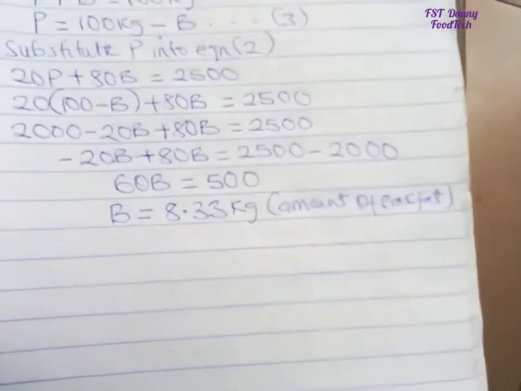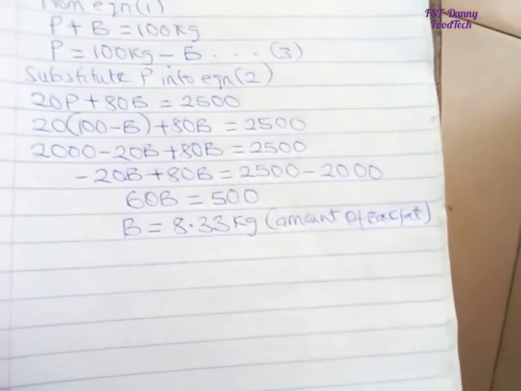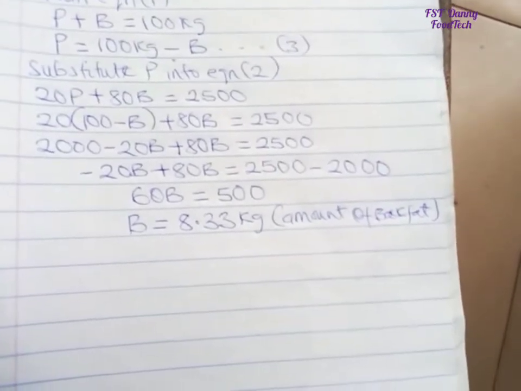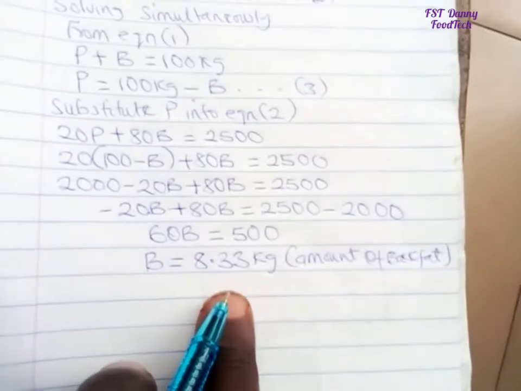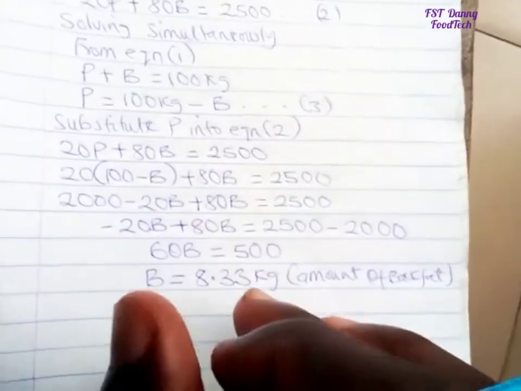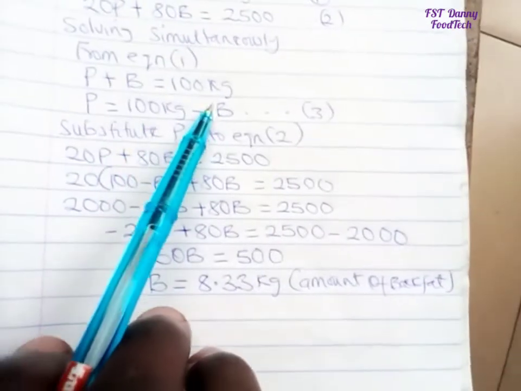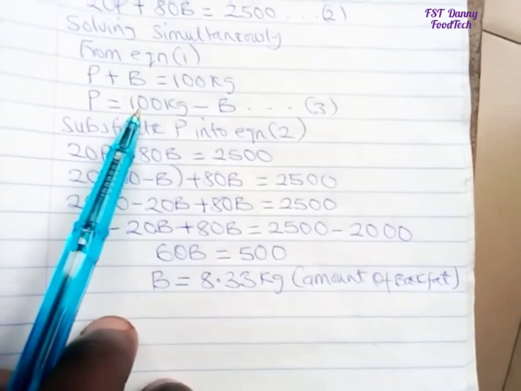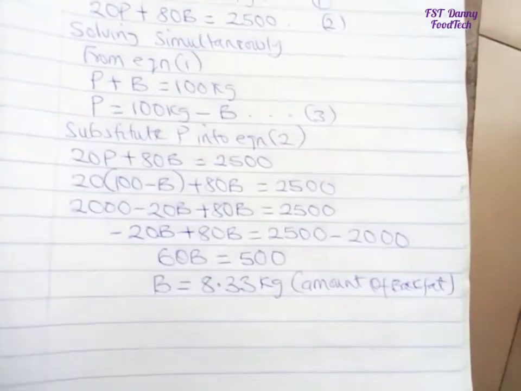And so the next thing we are going to calculate is the amount of the pork. Since we've gotten the amount of back fat, what we do next is substitute this value into equation 3, then subtract it from 100 to get the amount of pork.